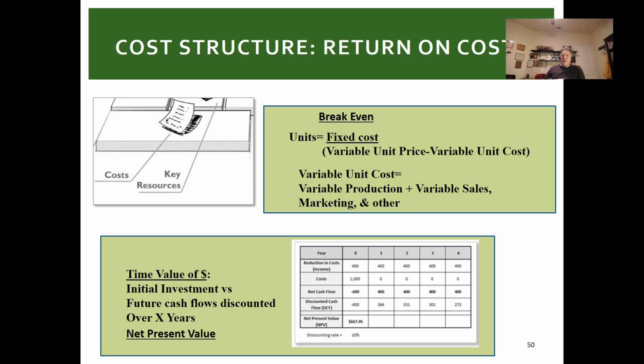The variable unit cost is going to be the variable production, variable sales, marketing, and other costs. So that's going to give you units. It gives you break-even because we set the equation in terms of fixed costs, and what we want to do is make sure we have the right units.